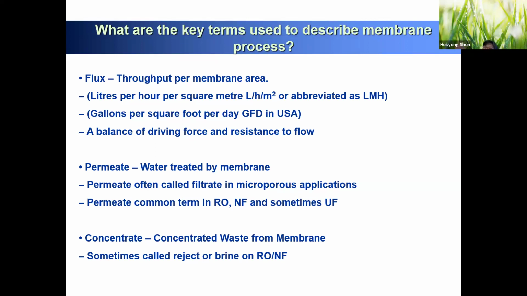The water is passed through, 1 liter per hour. So in 1 hour you pressurize seawater and you collect 1 liter with 1 square meter of membrane surface area. So that's how we say LMH.